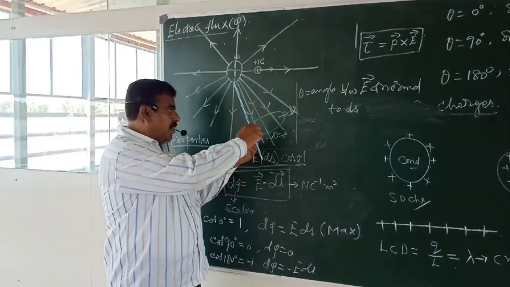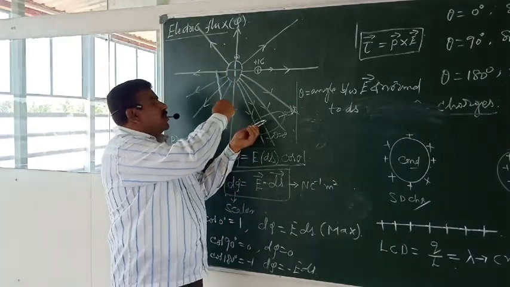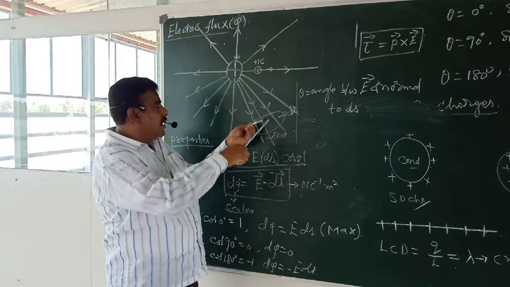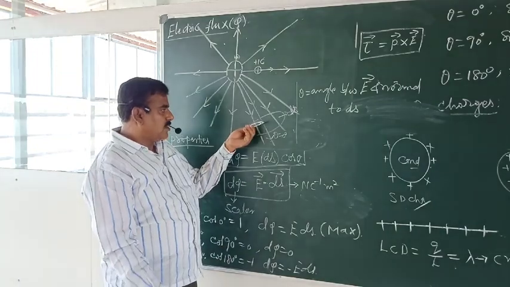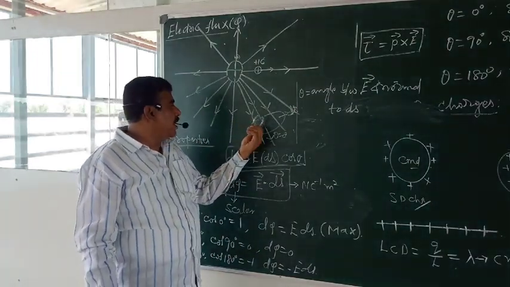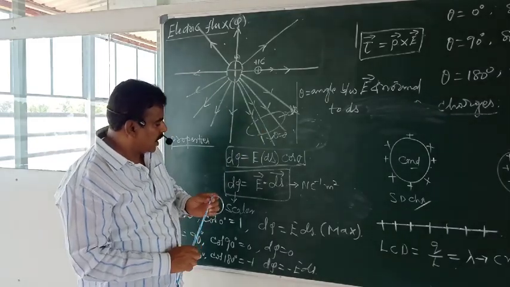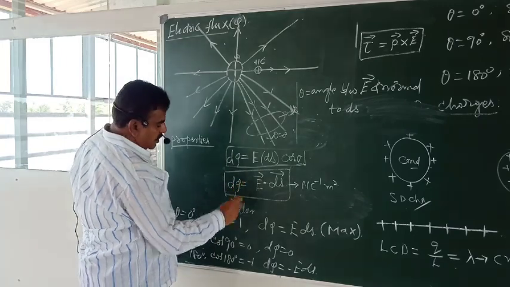It depends on the source charge. If I consider more area, I will get more flux. Third, the orientation of the area, how the area is oriented to the electric field, is very important. Therefore, understand the concept of flux very clearly.